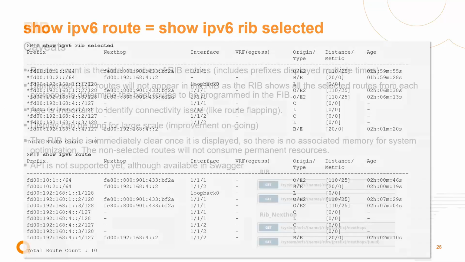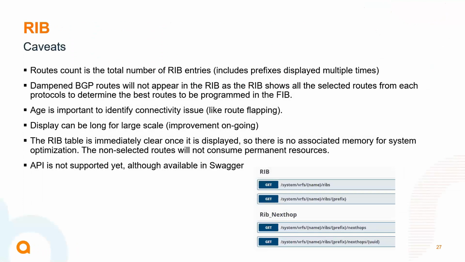So some caveats about the RIB. The route counts in the RIB will include the prefixes that are displayed multiple times, the prefixes that are not selected, right? So the total number of counts would be higher than if you do a show IP route. The dropped routes will not appear in the RIB because these are not routes that would be selected for any protocols, so they are not programmed in the FIB, and they are not showing in the RIB.